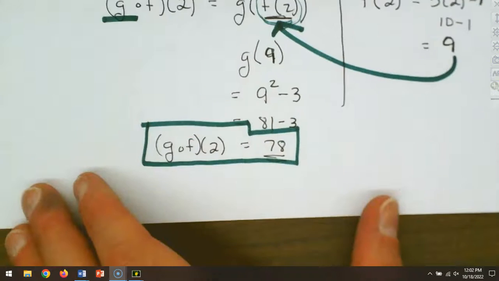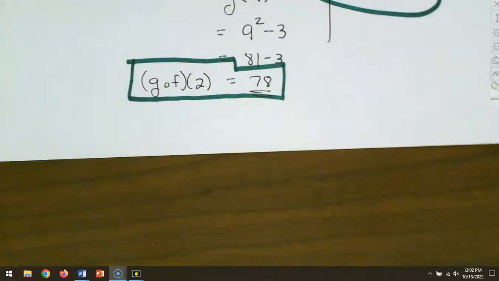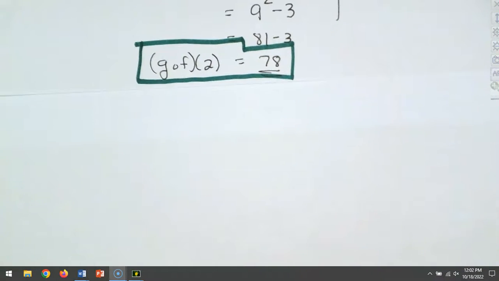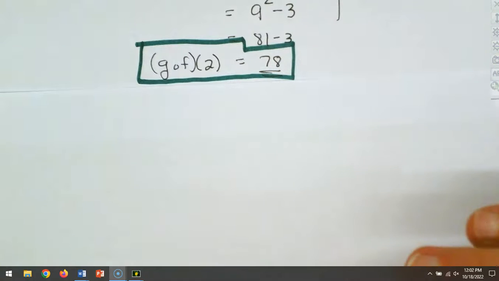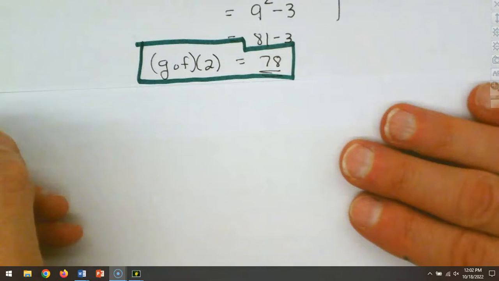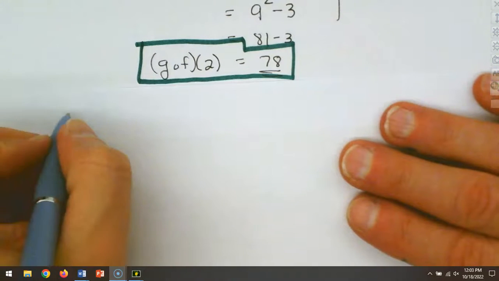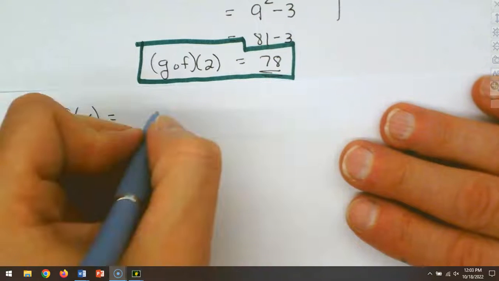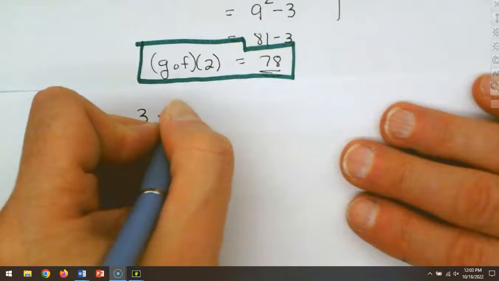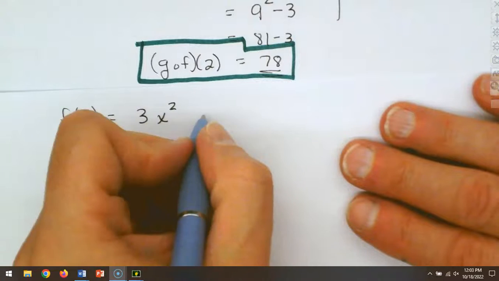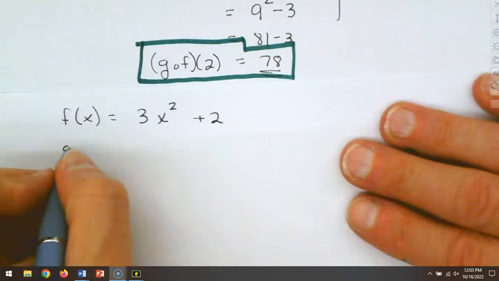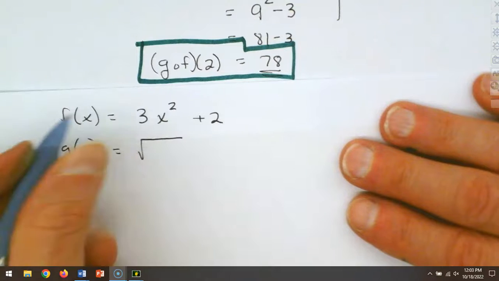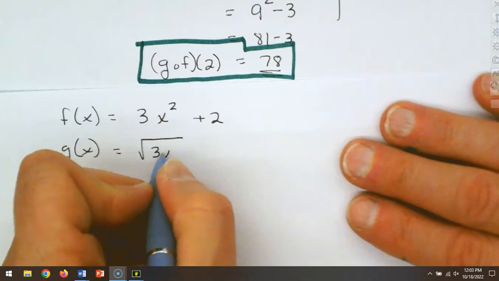Now let's try another one. This one's going to have variables, and after this question, we will work on our practice exam. So let's try another one. Let's say f of x is 3x squared plus 2, and g of x is the square root of 3x.